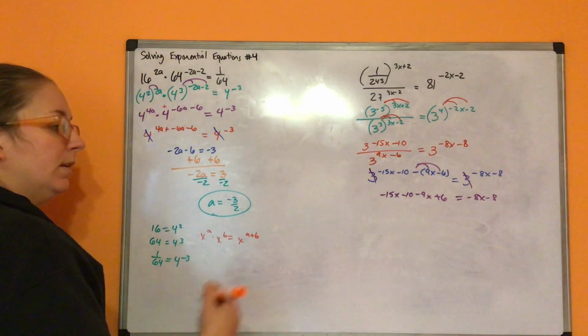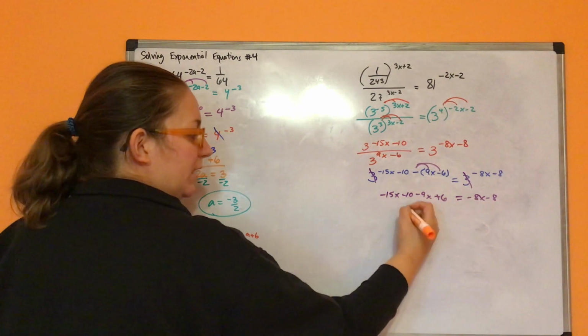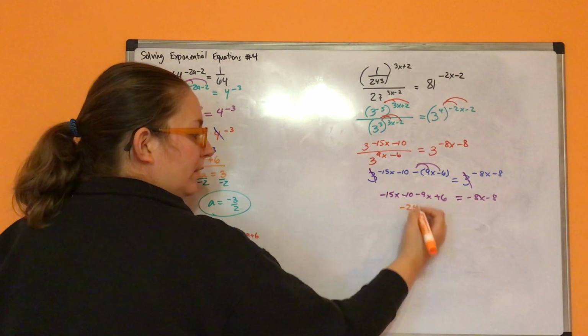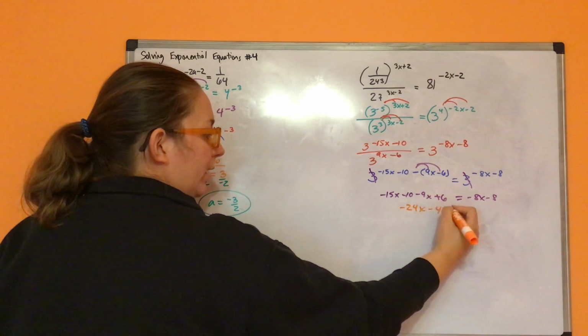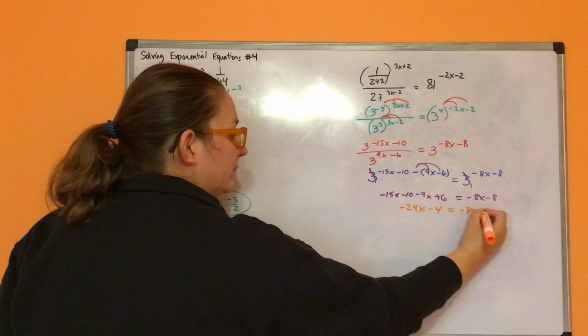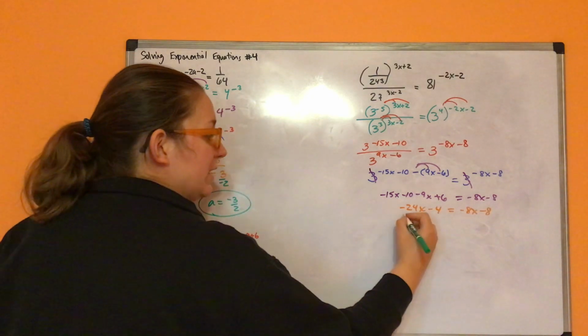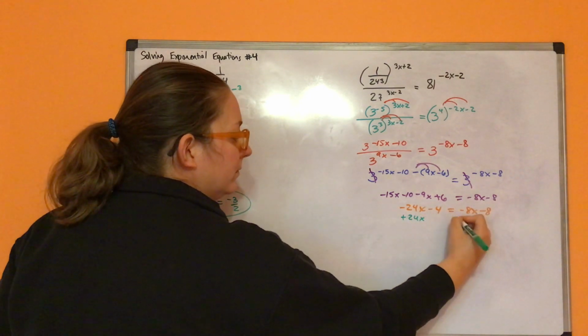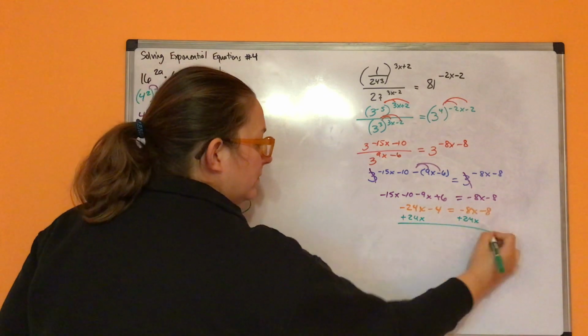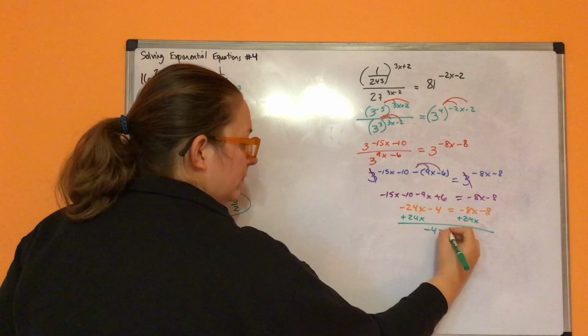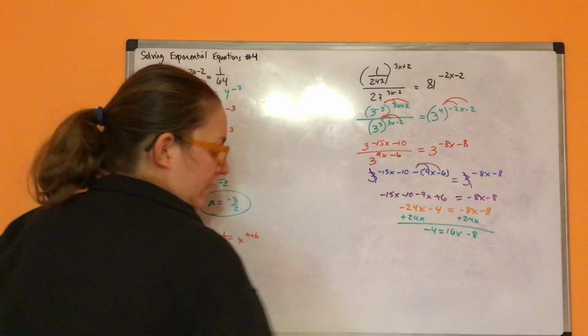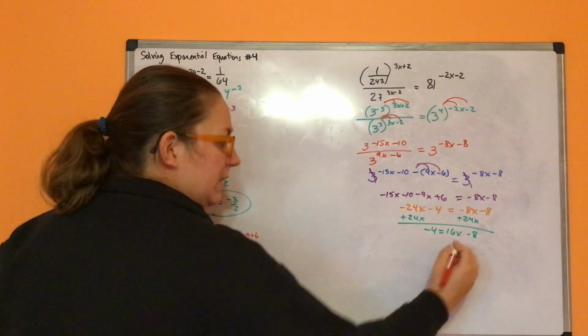From here, let's solve our equation, combine our same side like terms. So I get negative 24x minus 4 when I do that. And then let's solve. Let's get our x's on the same side. And then get our numbers on the same side.